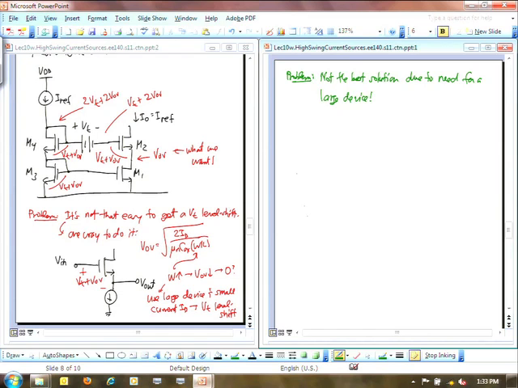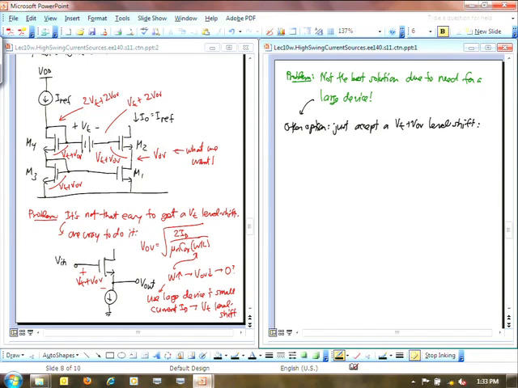So the other option: just accept a VT plus VOV level shift, and try to change something else in the circuit.